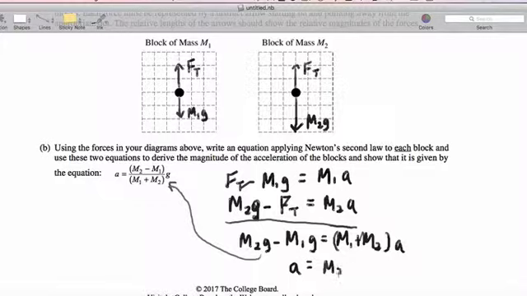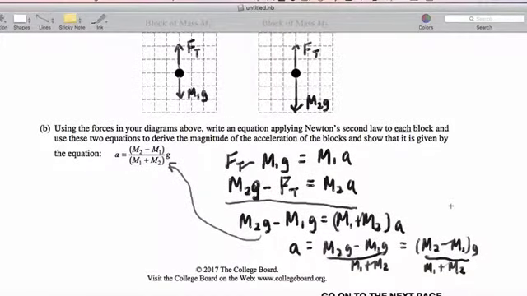So we get M2g minus M1g over M1 plus M2. Then we'll go ahead and factor M2 minus M1 times g over M1 plus M2. That's actually how they would want you to write the answer in the proof out.